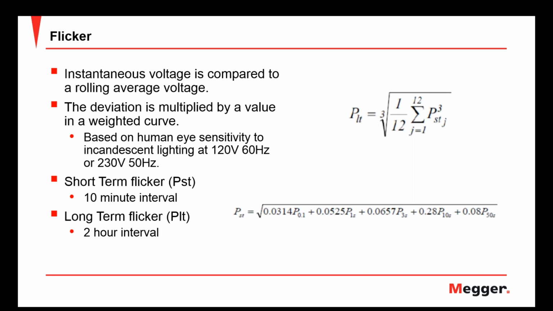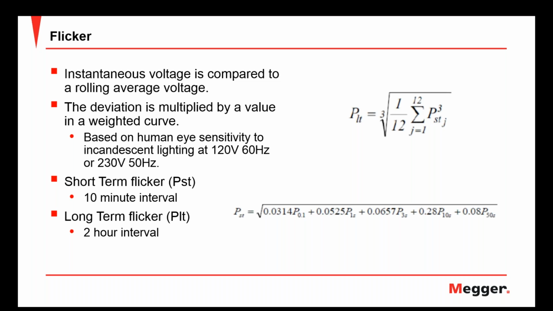The weighted curve was based upon testing done on how sensitive the human eye is to incandescent lights flickering at 120 volts 60 hertz and 230 volts 50 hertz. Now keep in mind that weighted curve was done on incandescent lighting only, so that becomes important.